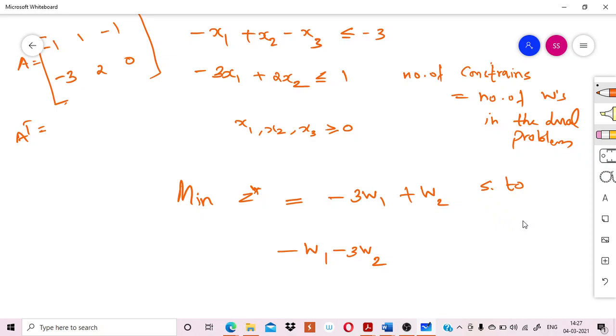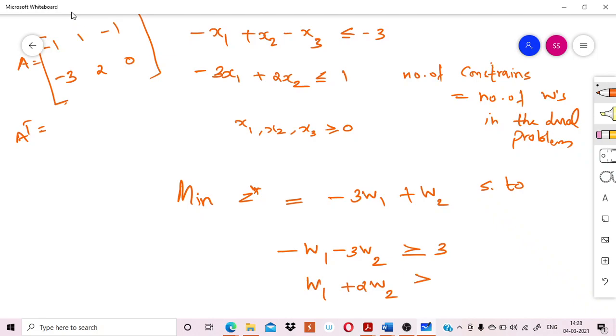Less than or equal to becomes greater than or equal to, and the cost coefficient, that is for x1 it was 3. So 3, then minus w1. Then the next column you take 1 and 2, so that can be written as 1 into w1 plus 2 into w2.